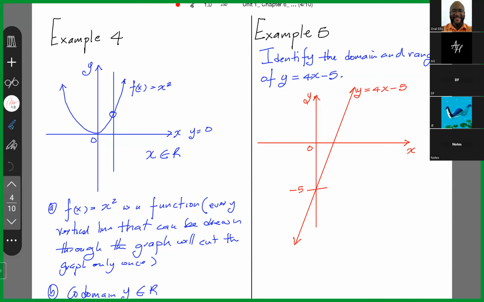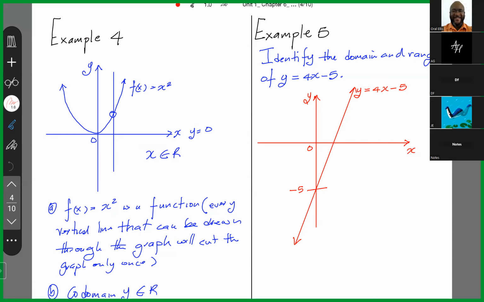All right, so I was saying that a line goes on forever in both directions. Now, when you think about your domain and your domain element and your range elements, you're thinking about what are the values of x and y which are used to draw this graph.